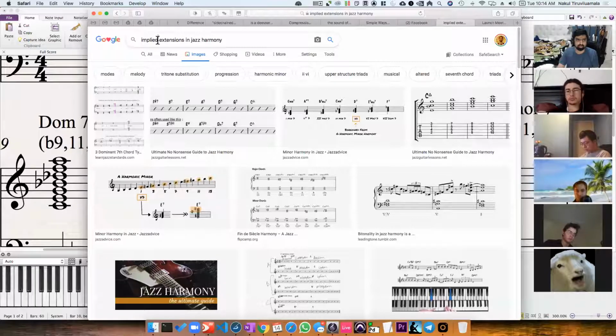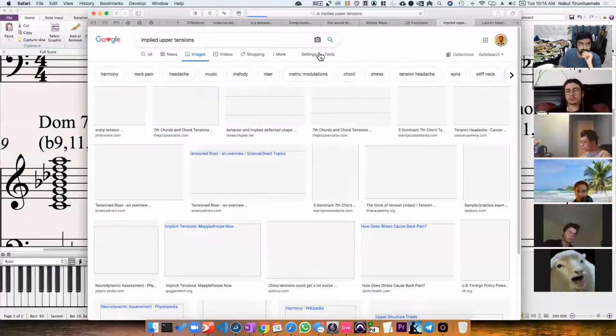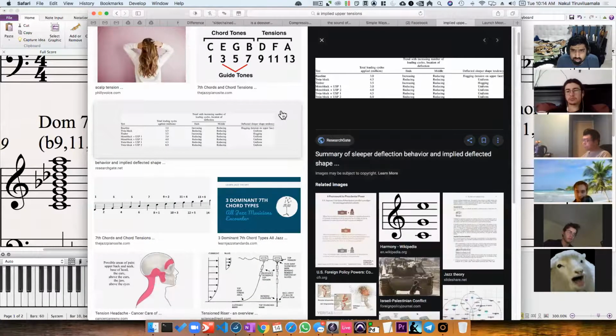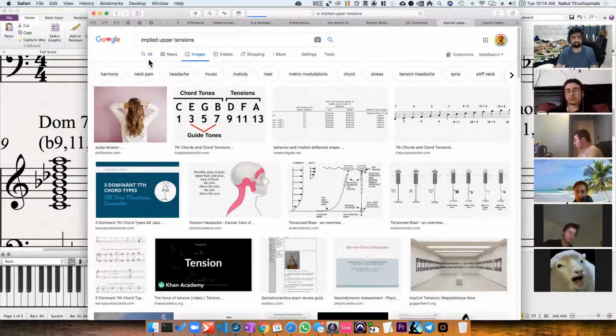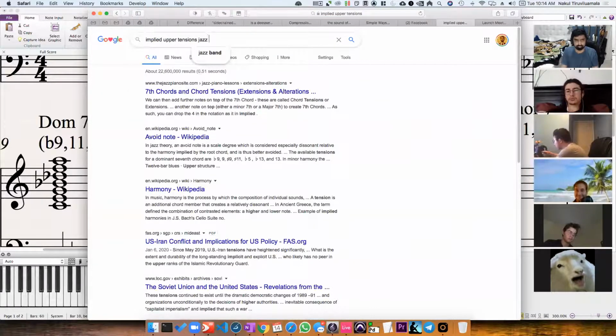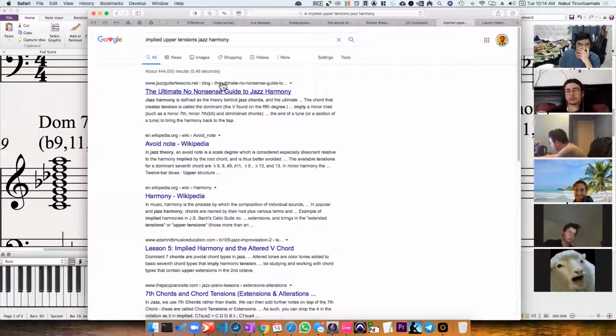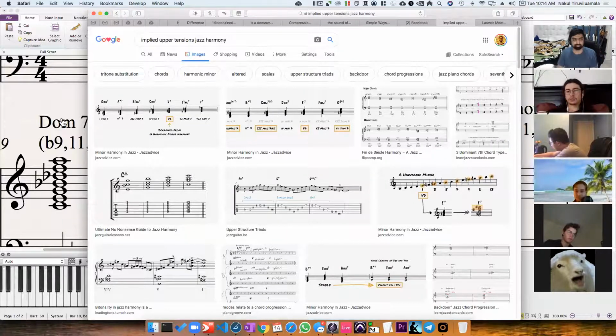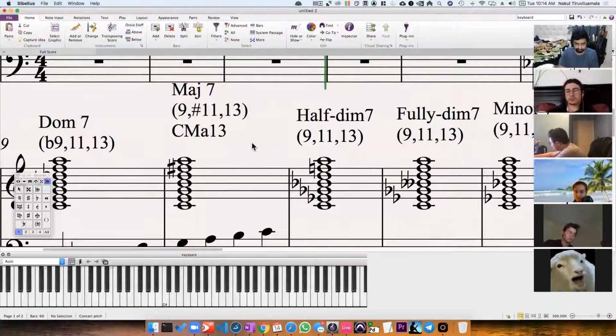Implied upper tensions. Is this the chart that we're looking for? Okay, it's not a big deal. I can actually just tell you what they are.